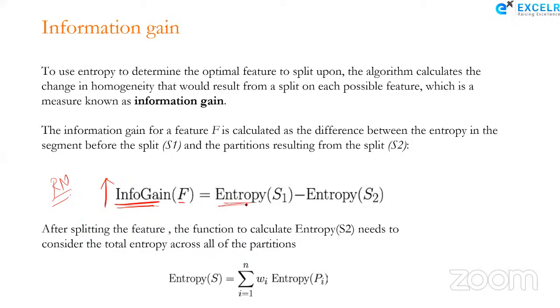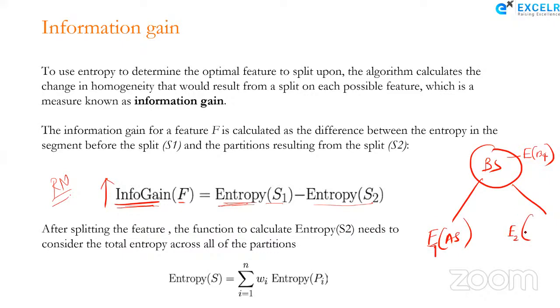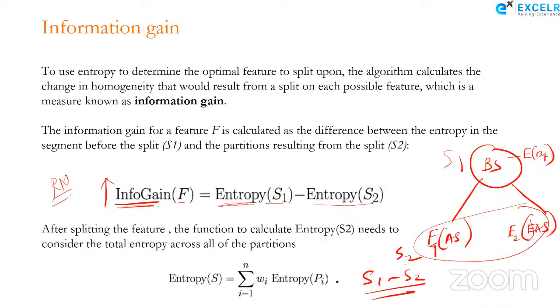We take the entropy before the split and subtract the entropy after the split. Taking ball size, before the split we calculate the entropy, E1, and we also calculate the entropy after the split, E2. Combining these gives S1 and S2, and S1 minus S2 gives you your IG, information gain.